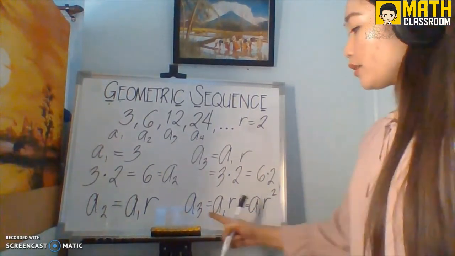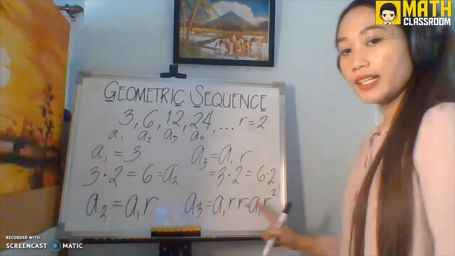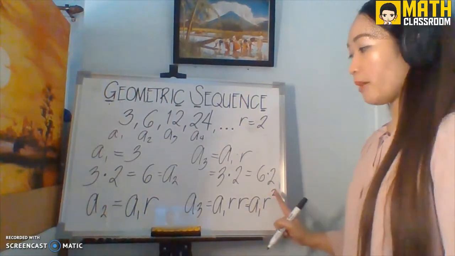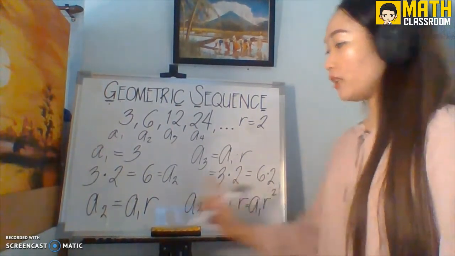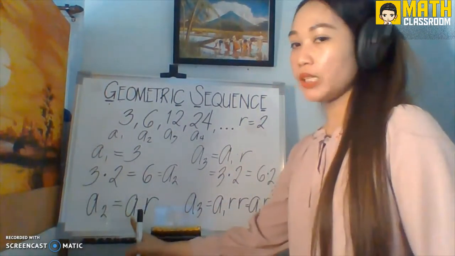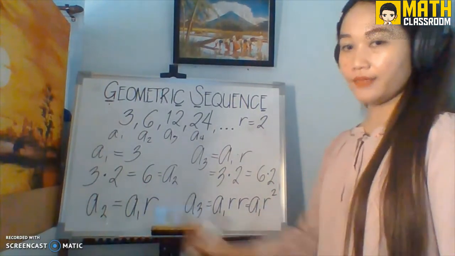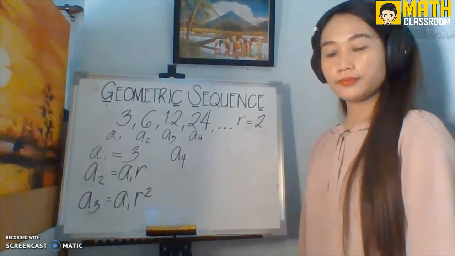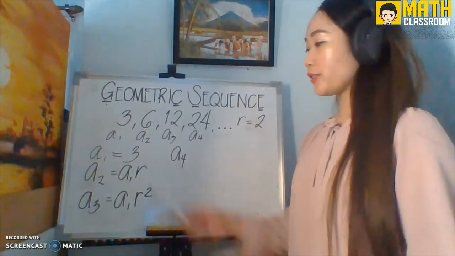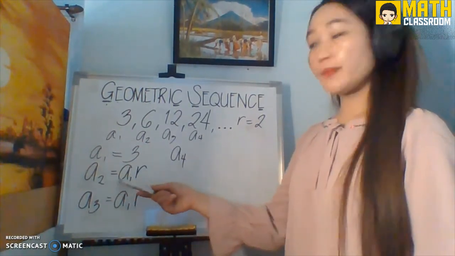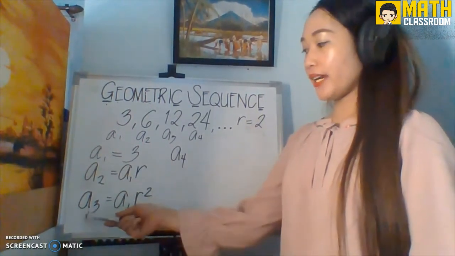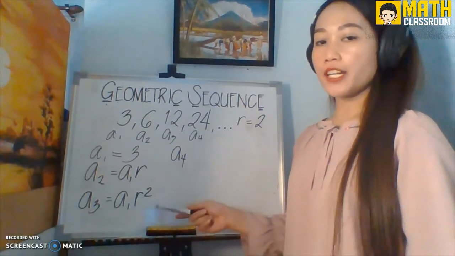So our new formula for a sub 3 is a sub 1 multiplied by r squared, while for a sub 2, we have a sub 1 multiplied by r. So I have here the formula for our a sub 2, a sub 1 times r, and for our a sub 3, a sub 1 times r squared.